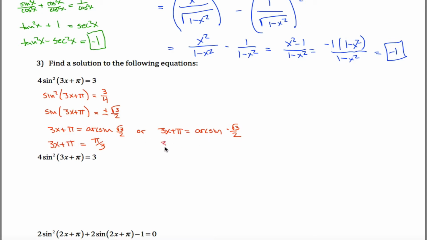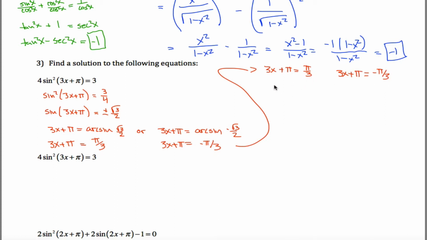And over here, kind of the same logic, arcsine of negative root 3 over 2 is asking me what angle between negative pi over 2 and pi over 2, when I take the sine of it, will I get negative root 3 over 2? And the answer to that is negative pi over 3. So I have these two equations right here: 3x plus pi equals pi over 3, and 3x plus pi equals negative pi over 3.